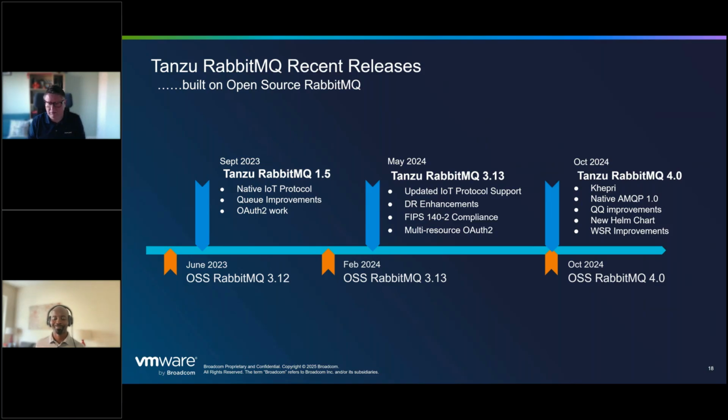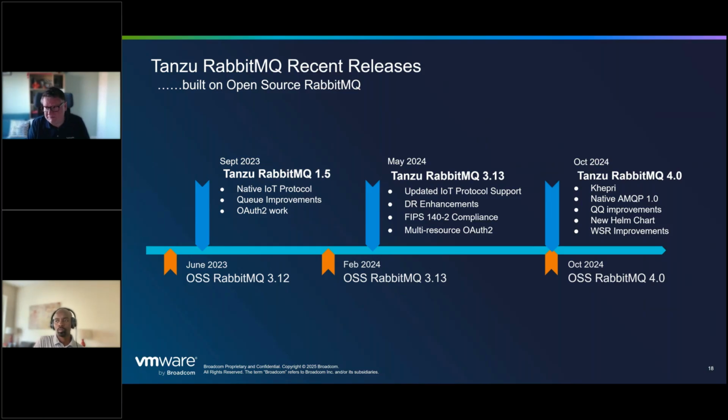We've simplified all of that now, and with 4.0, not only are the version numbers aligned, but the releases are aligned. We released on time with 4.0 in October last year, and we've done exactly the same with 4.1. We released the open source 2 weeks ago, and then a week later, the team released Tanzu RabbitMQ 4.1 as well.